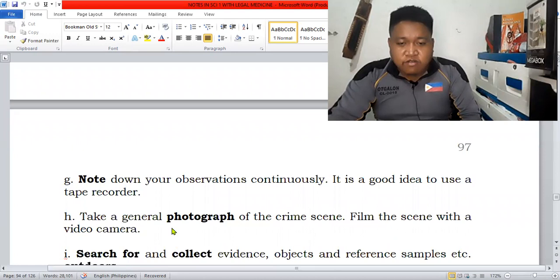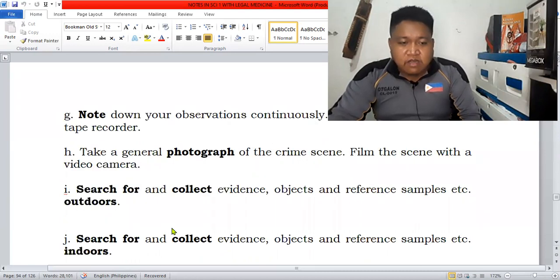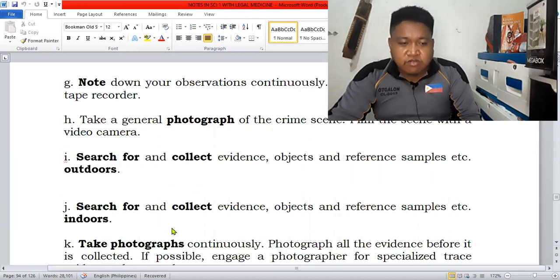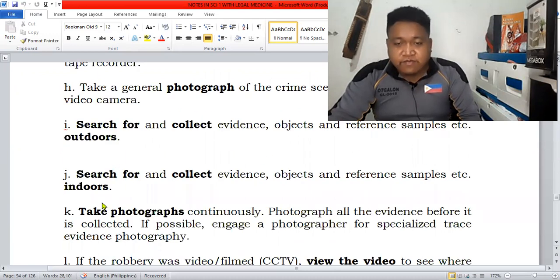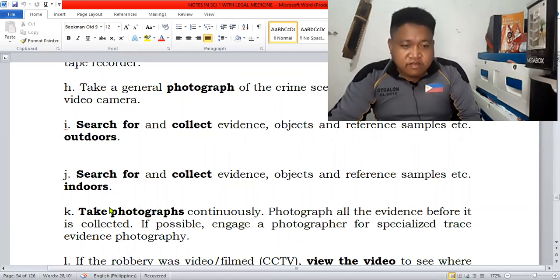Take a general photograph of the crime scene, film the scene with a video camera. Search for and collect evidence, objects, and reference samples indoor and outdoor. Yan, sa labas at saka sa loob. Take photographs continuously. Photograph all the evidence before it is collected.